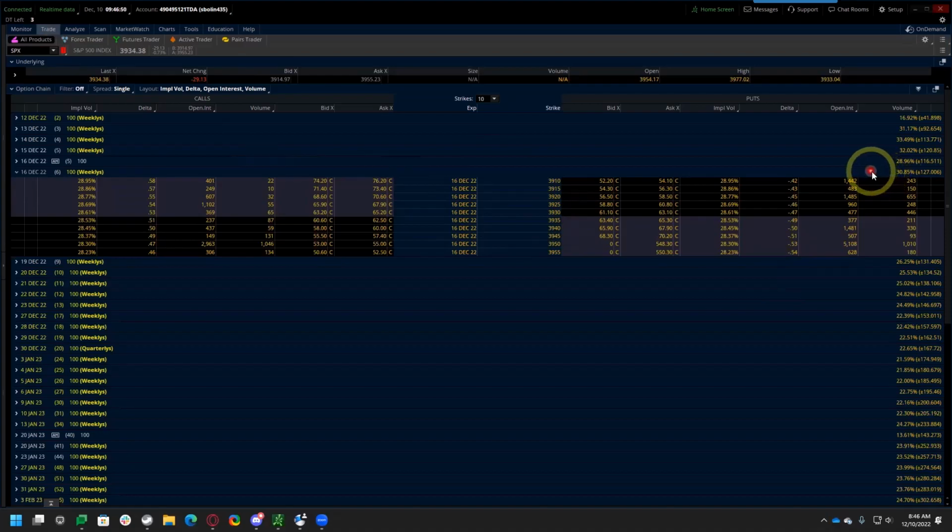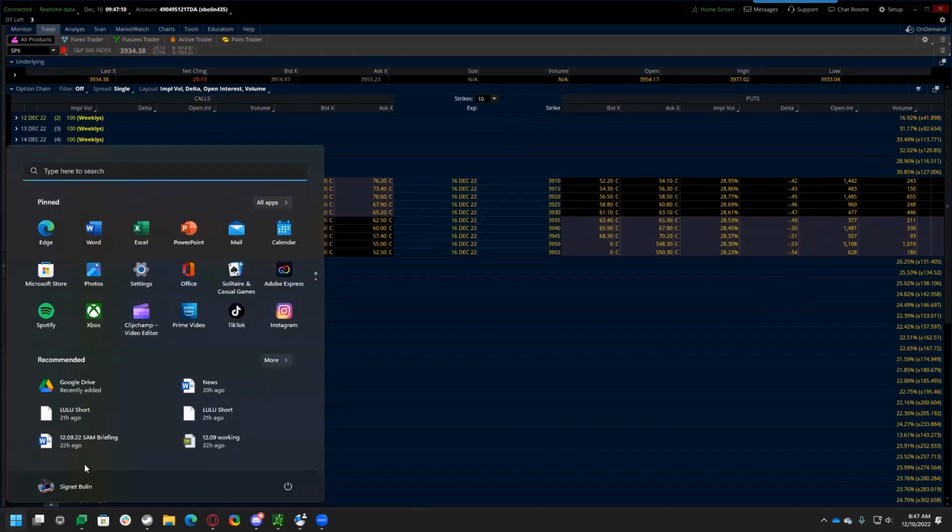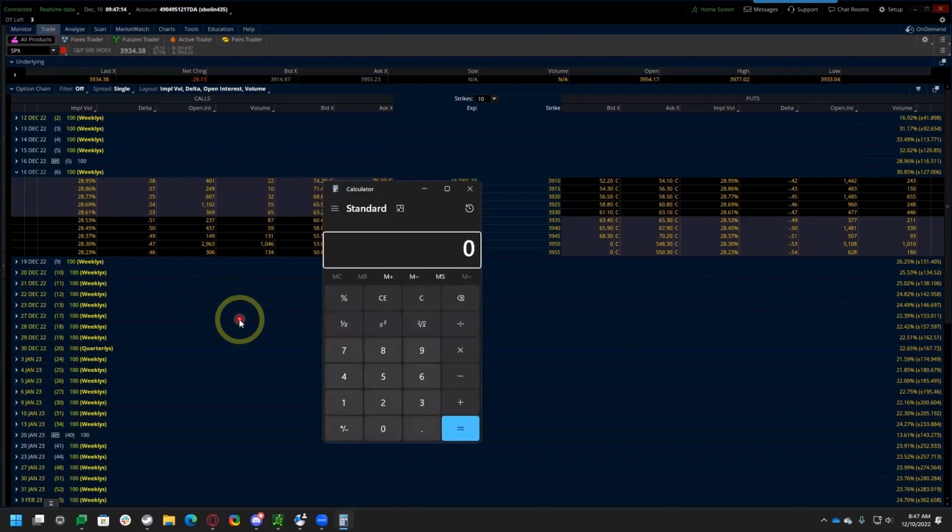The expected move for next week is $127 higher or $127 lower than our current location. And by that, I mean by where we closed on Friday. We closed at 39.34. Add 127 to that. It gives you 40.61.